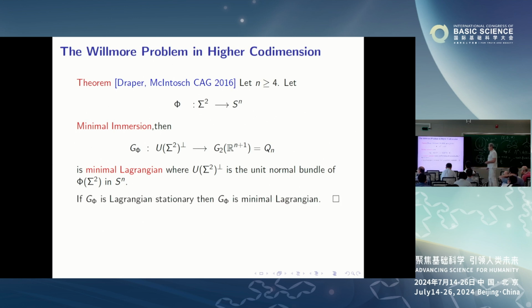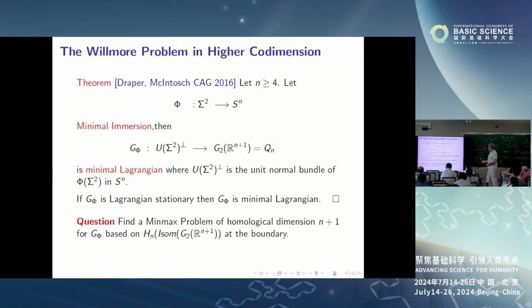What I hope is to find a min-max problem of homological dimension n plus 1, which is based on the Hn of the isometry group of G2 Rn plus 1. Like here, you see this was the isometry group. So these operations are part of the isometry group of G2R4. Okay? So, sorry for being a bit fast there. Thanks for your attention.